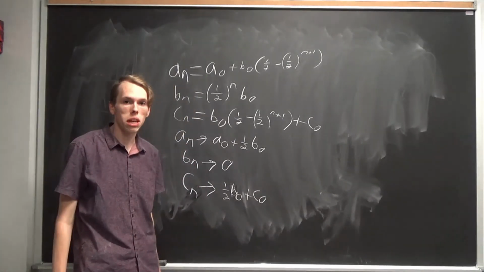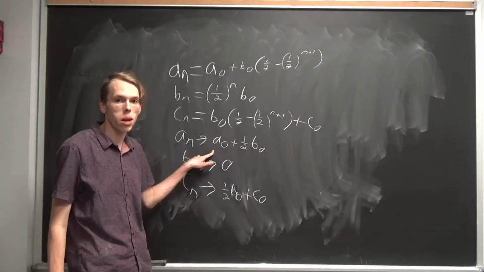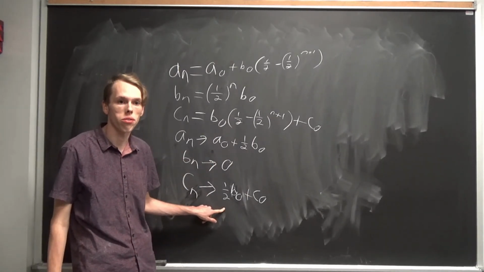So as you can see, the homozygous dominant genotype is an absorbing state, as well as the homozygous recessive genotype is an absorbing state.